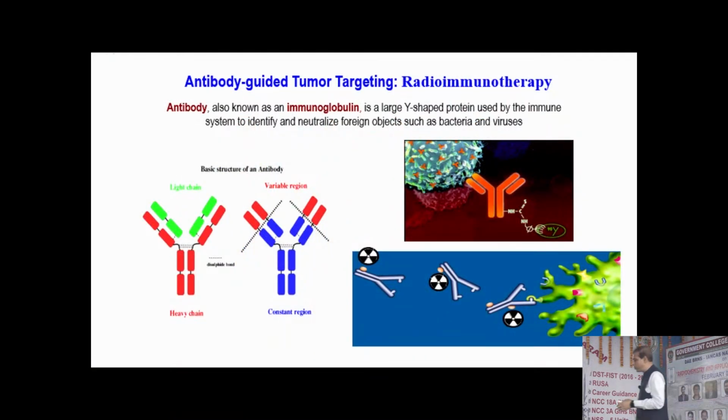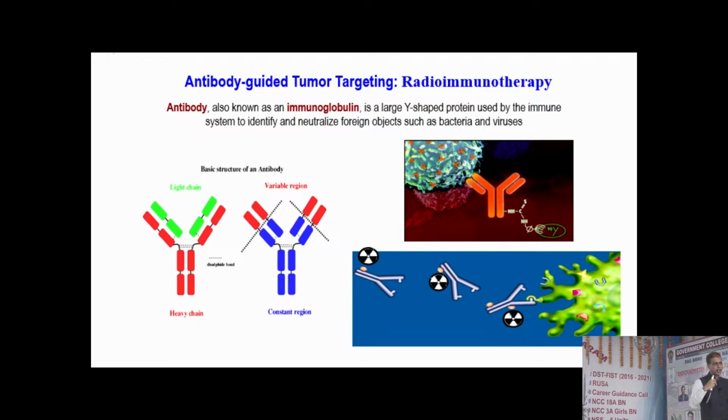Now, coming almost to the last part, it is called radioimmunotherapy, with which we are recently working, that is, antibody guided tumor targeting. I know you know what an antibody is. When some foreign object enters the human body, the body, due to its own mechanism, tries to fight it.